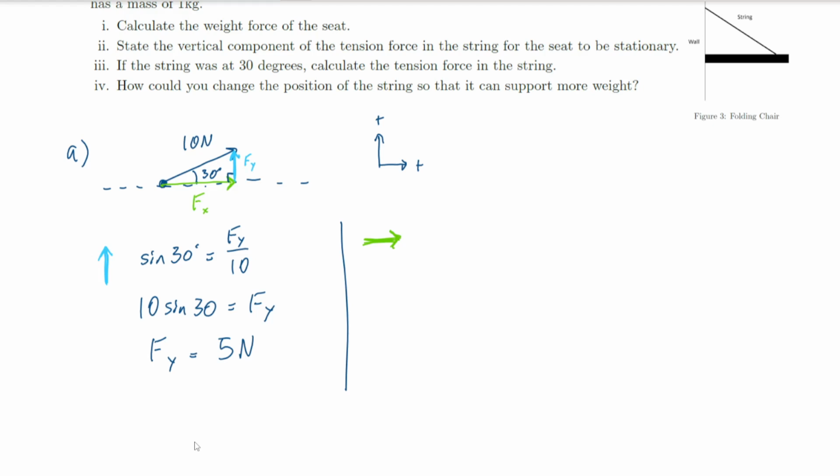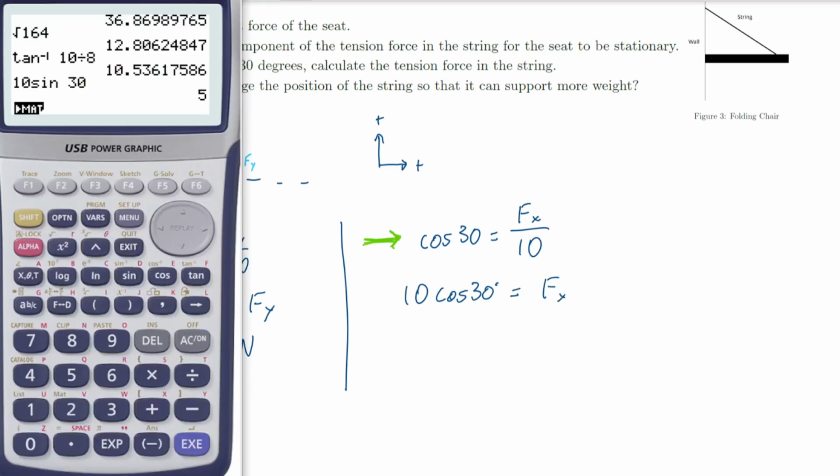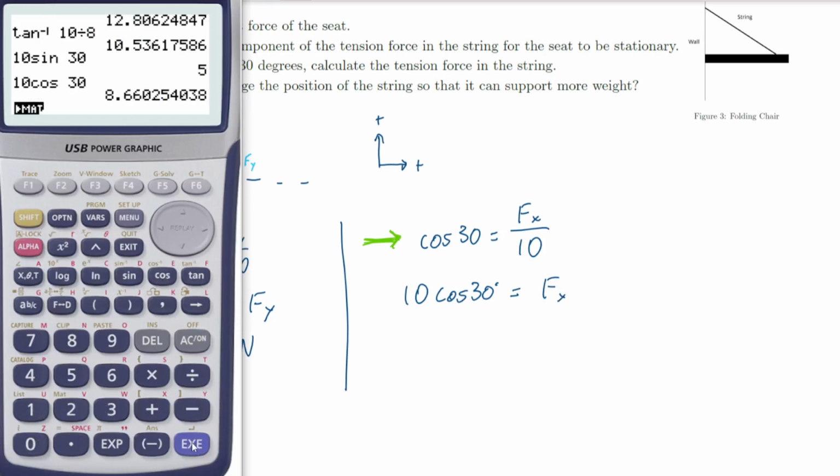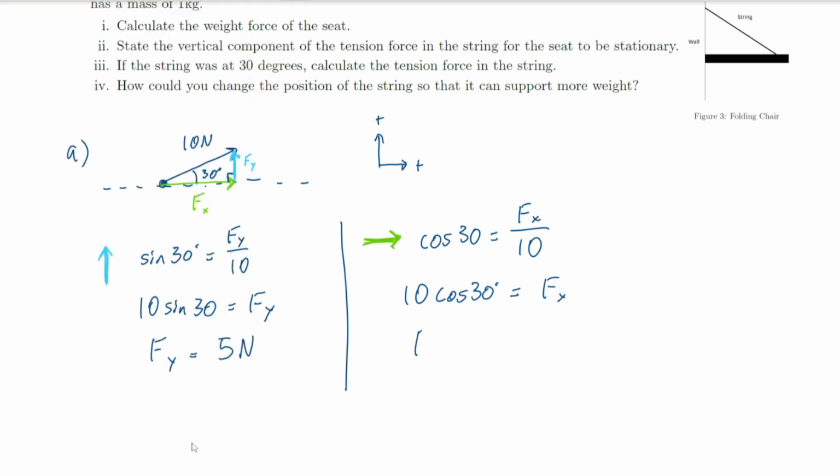So using the cosine ratio, cos of the angle equals adjacent, Fx, divided by hypotenuse 10, like before, multiplying both sides by 10, and then calculating it. 10 cos of 30 degrees, 8.66. And now, what should we round this to?